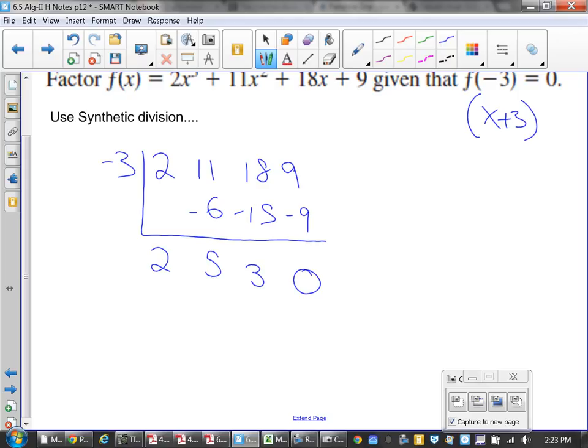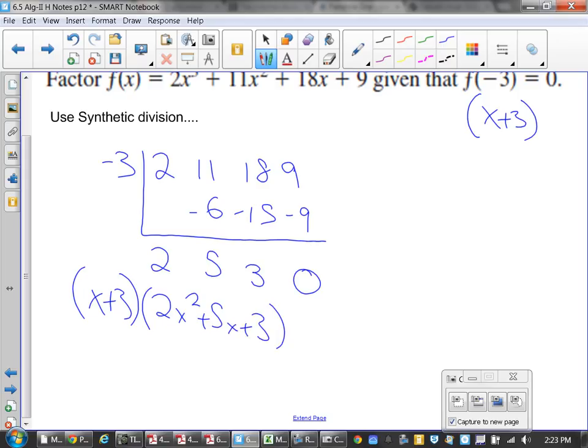Hopefully you get a zero because it told you -3 was a zero. We just verified that -3 was a zero. If you don't get 0 here, it means you did something wrong. So now we know that we're factoring this out. I know that I have x plus 3, and then 2x squared plus 5x plus 3.